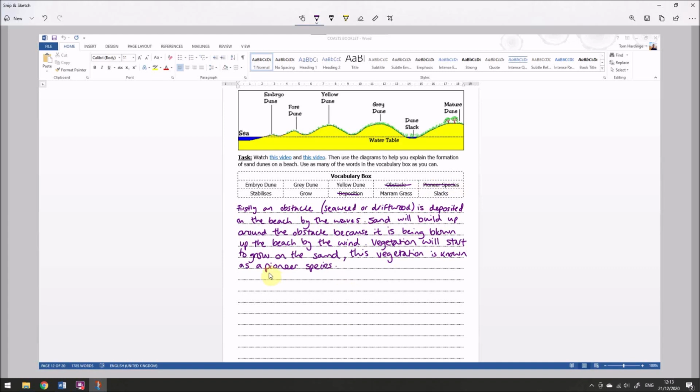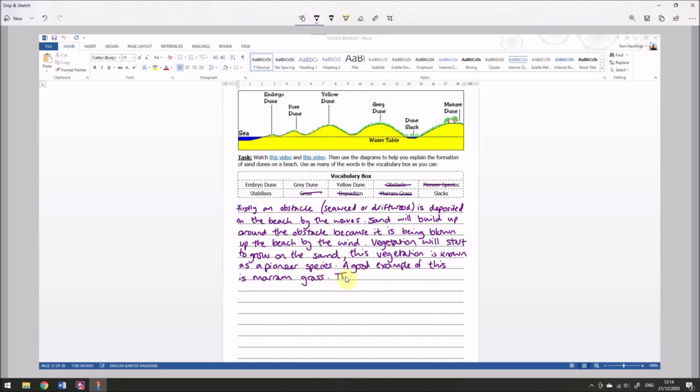So we've used pioneer species, and we've used grow for that vegetation. A good example of this is marram grass. So we can tick that point off there.